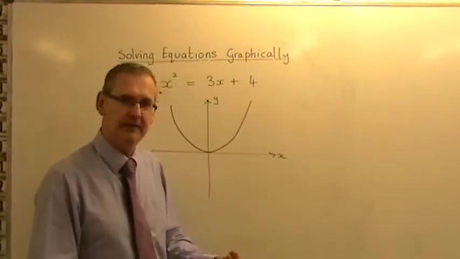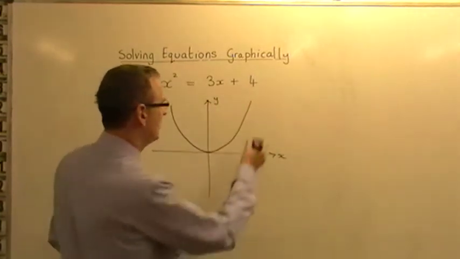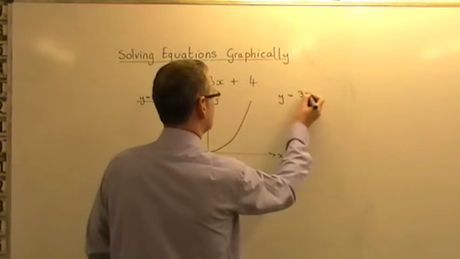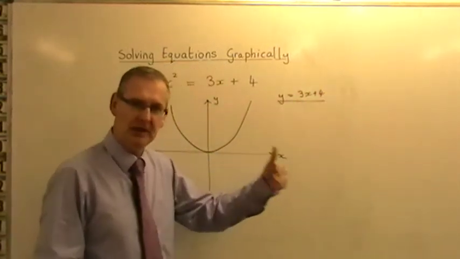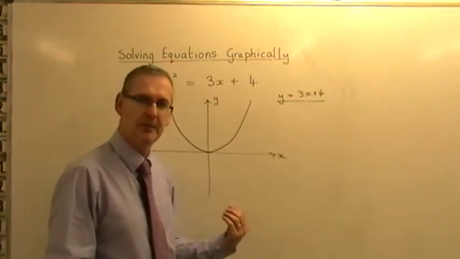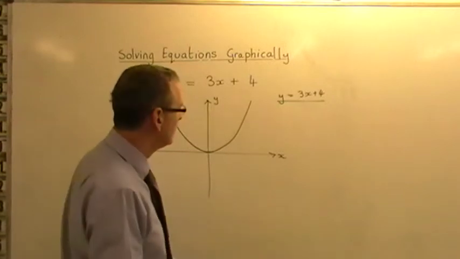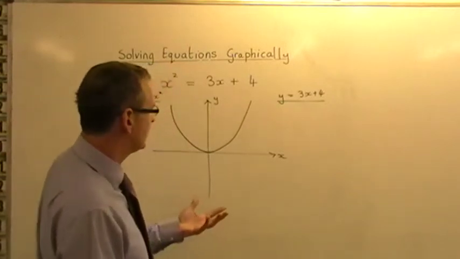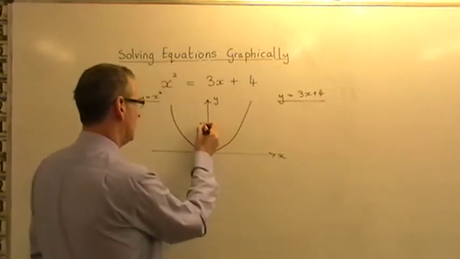The second graph, you take the algebra on the right hand side of the equation, which is y equals 3x plus 4. You set up a table of values for it, you work out some points to plot, you plot them, and you will get a straight line because it's a linear plot. So I know from our basic sketching work that plus 4 on the end means it would cross at 4, something like that.